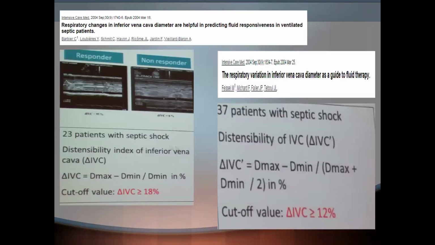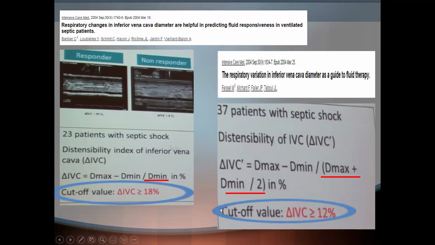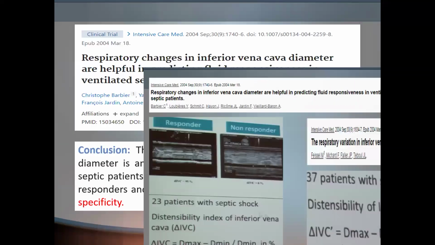We have a lot of studies talking about the IVC distensibility index and its cutoff value. They mention that if we use the equation divided by the minimum, the cutoff value will be more than or equal to 18%. But if we use the mean, the cutoff value will be 12%. So our cutoff value is 18 or 12% in the distensibility index, while in the collapsibility index it is 40 or 50%.